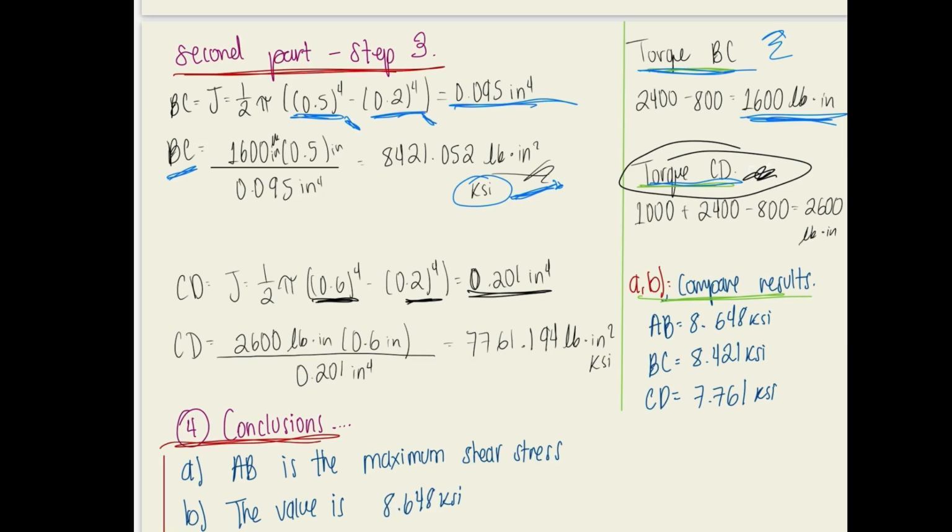Then we have to calculate the maximum stress, that is the formula again that we have here: torque multiplied by the radius divided by J. That gives us a result of 7,761.194 pound-force per inch squared.